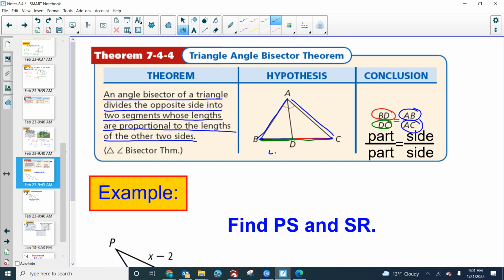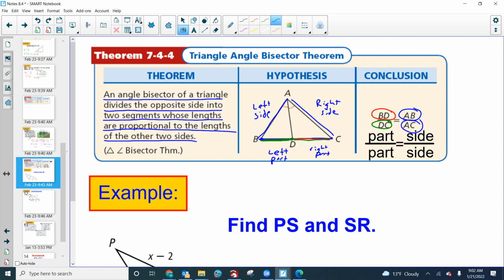So left part over right part equals left side, it's the side of a triangle, over right side. Could you do right over left equals right over left? Ella asked a similar question on the last problem. Yes, as long as you stay consistent. Are you with me? Did that make any sense at all?